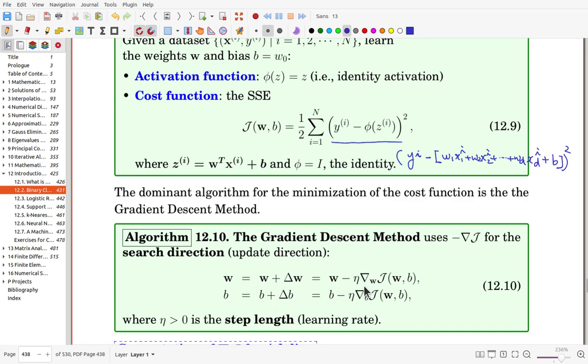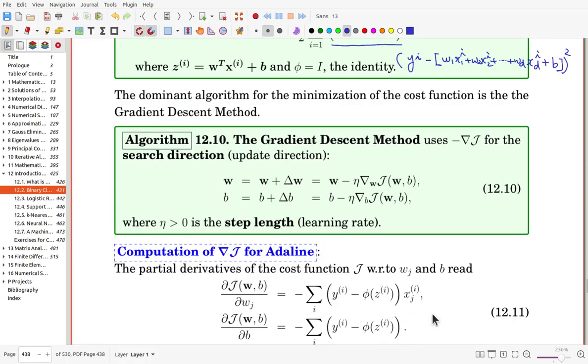Of course, this one is the w directional derivative, so it's the gradient. This one is, in fact, a partial derivative in the b direction. And eta is a positive number, and of course that is small. That is called the step length or the learning rate.